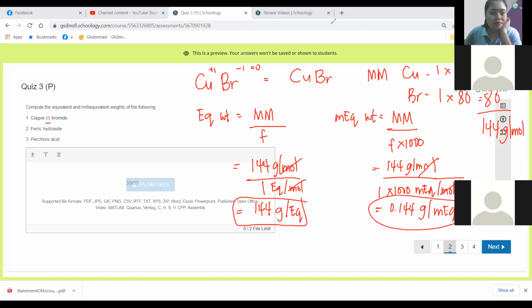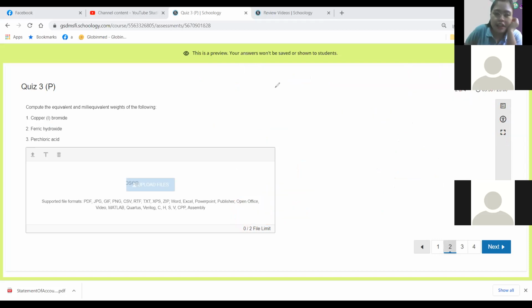None. Okay. So for the ferric hydroxide, ferric is positive 3, hydroxide is negative 1. If you're going to add, this is not equal to 0. So you really have to do cross multiplication or crisscross here, and this will become Fe(OH)3.